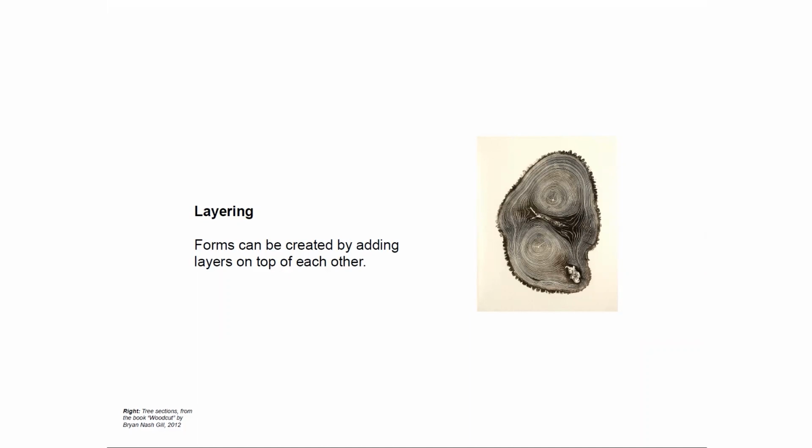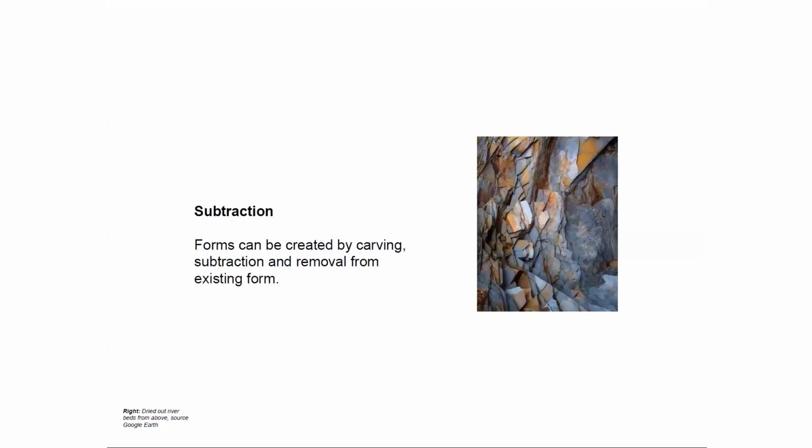Some basic principles there, we also know how they work, so we can actually simulate them in a computer. But this is an example of a tree section, where every year another layer is sort of added, and here we even have two cores that sort of merge.